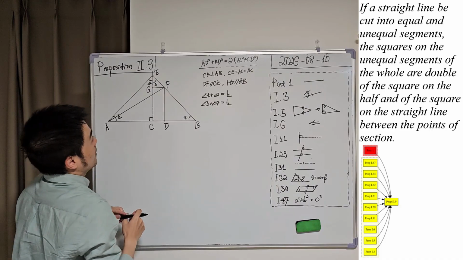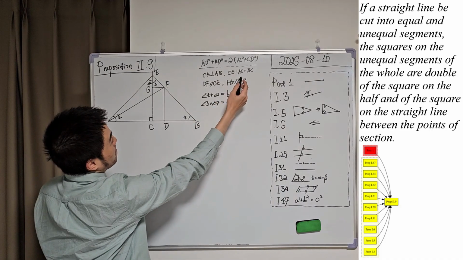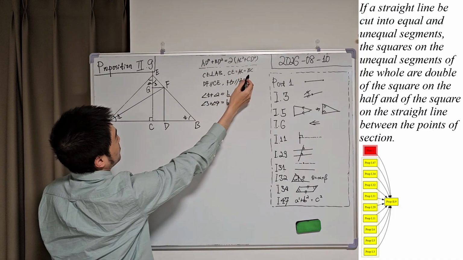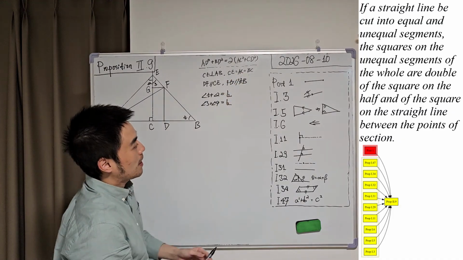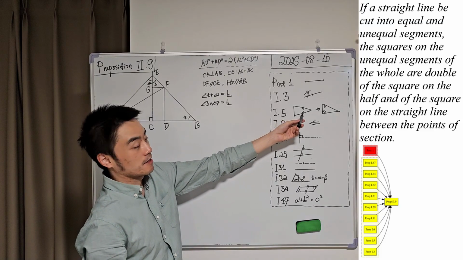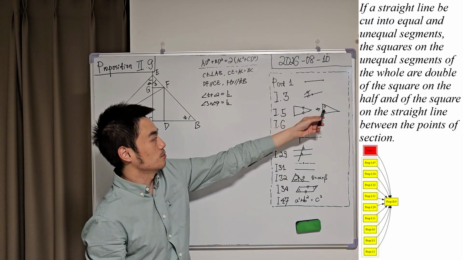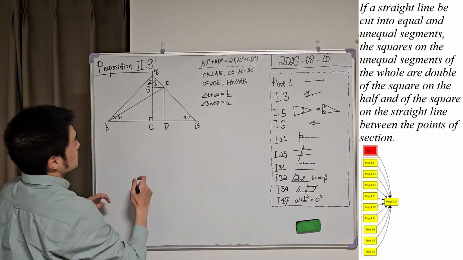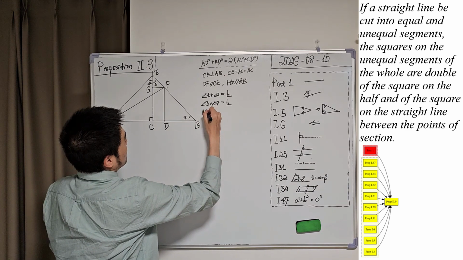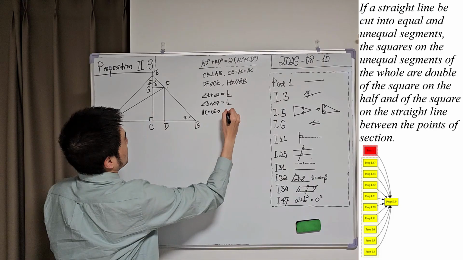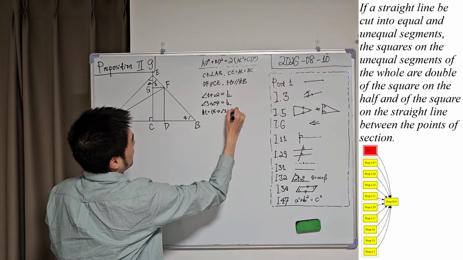Okay, and we know that CE is equal to AC is equal to BC, correct? And if we apply Proposition 5 from Book 1, we know that in an isosceles triangle, the two angles on the base are equal. So since AC is equal to CE, we know that angle 1 equals angle 2.